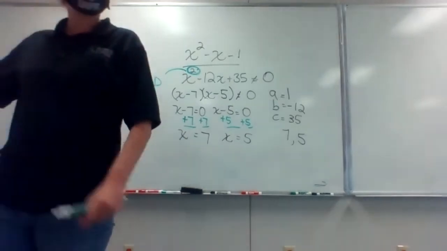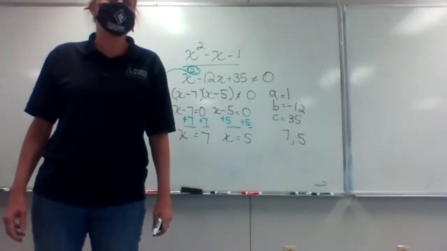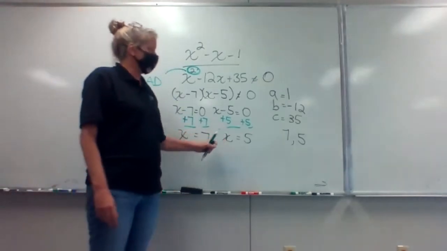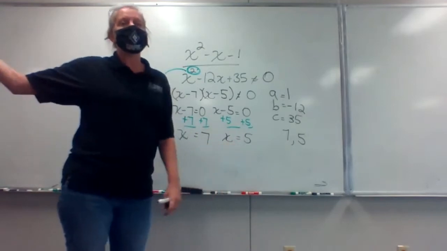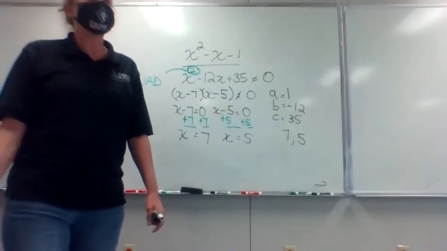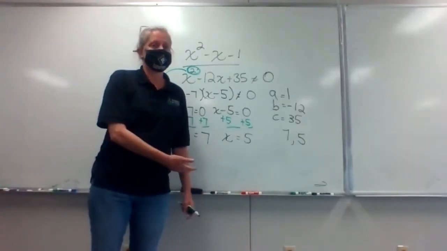Now, when we get into the rest of them, it's asking me to find the domain of the function. So the process is the same. We're still going to find the values that make the expression undefined, but then we're going to say x can be anything but that.